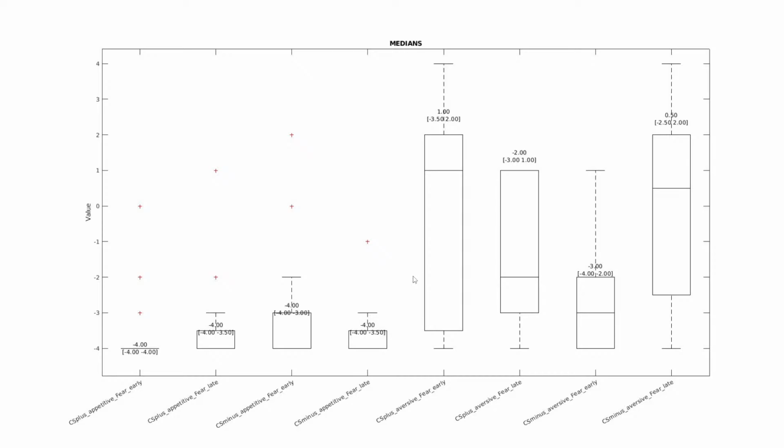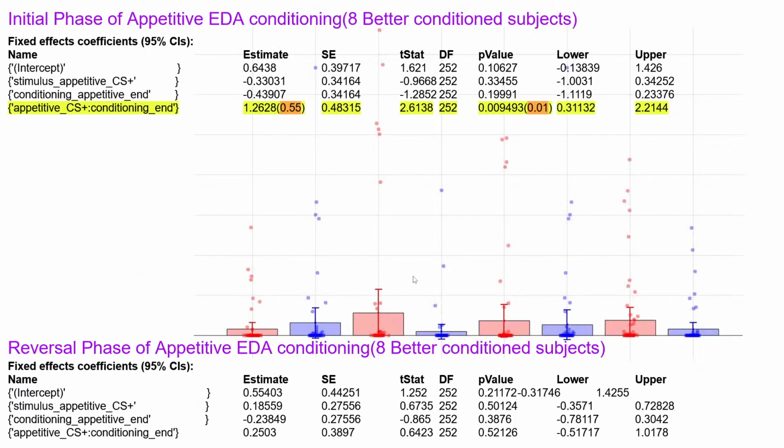So as an assumption, we can say that in general for all the subjects, the appetitive conditioning can be seen in the second part of the initial conditioning. And for aversive, it can be seen during all stages of the initial and reversal phases.